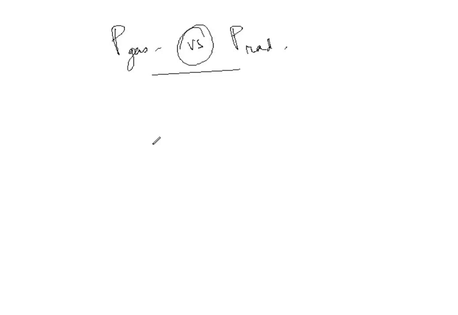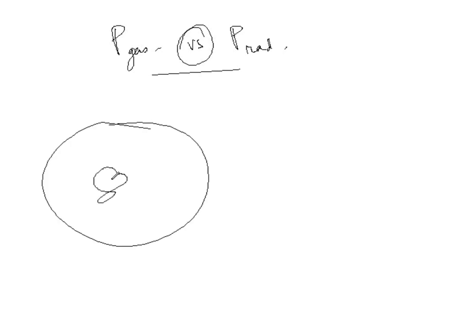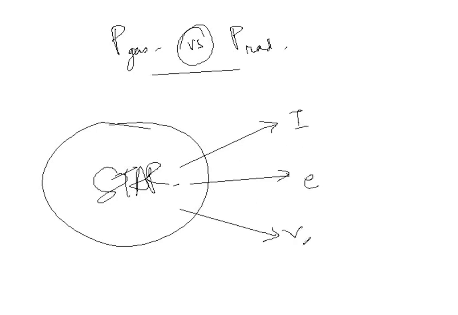So as we have previously discussed, in the interior of stars we not only have ions but also electrons and photons. Okay, fine.